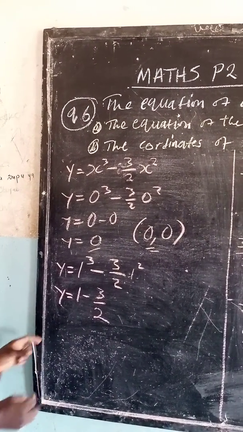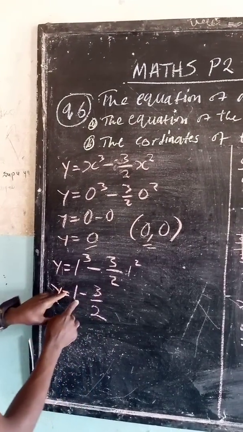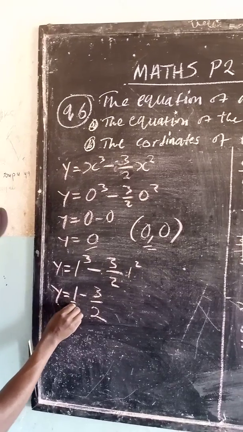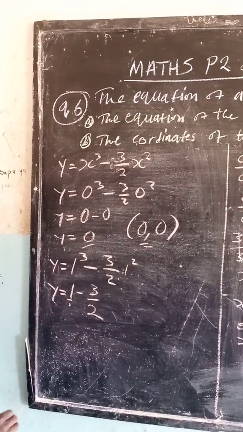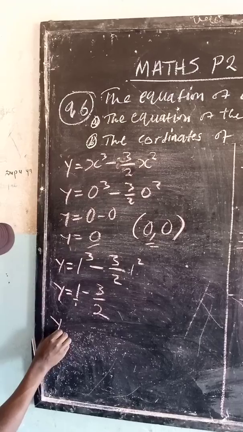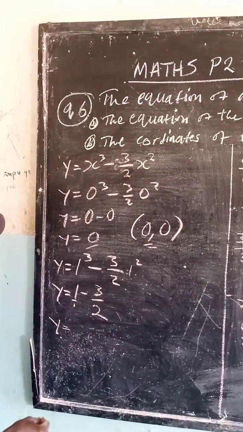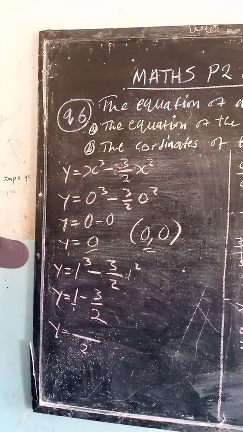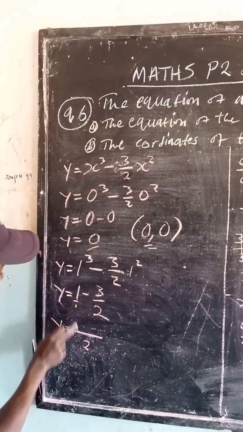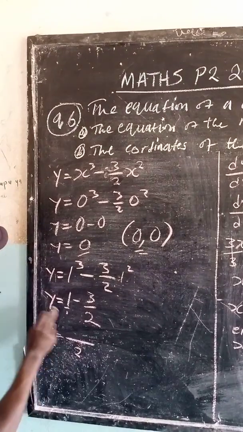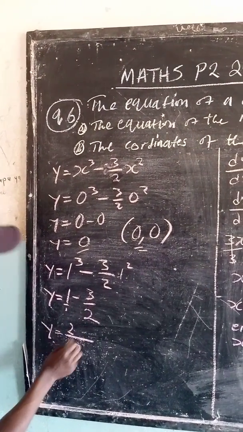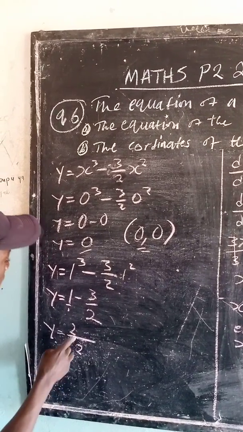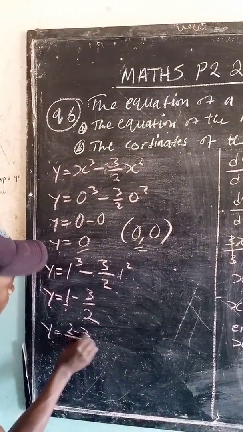So here in this case, since this one is a fraction and this is a number, we are going to look for a common denominator where we introduce a 1 down there. What is the common denominator? It is 2. So we say 1 into 2, it is 2 times 1, 2. 2 into 2, it is 1. 1 times negative 3, it is negative 3.